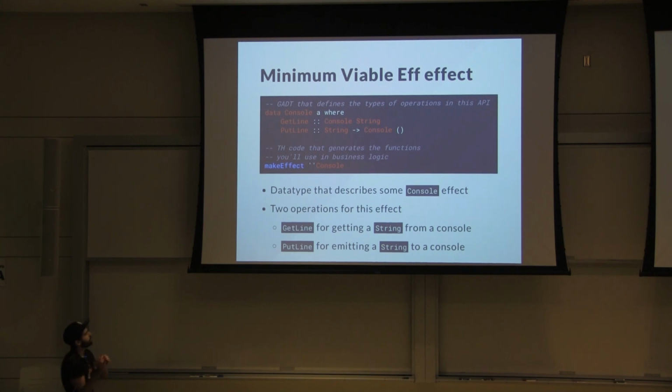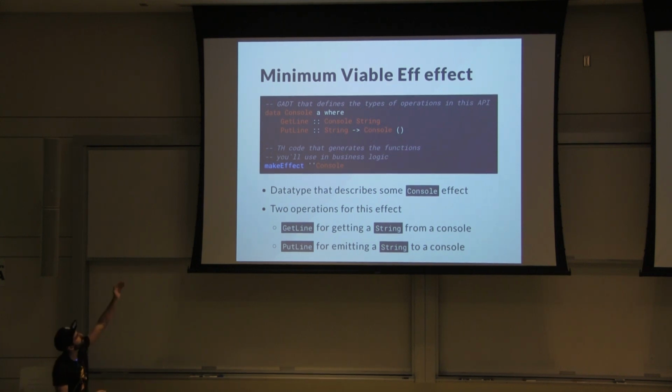The belabored example that you'll see in pretty much all of the literature on this subject is the console effect. I'm sure many of you, when you learned to program, probably did some sort of CLI tool that asked for input from the user, and you type in the input, and then it will print out to the console. It's just a two-way communication channel with the user.